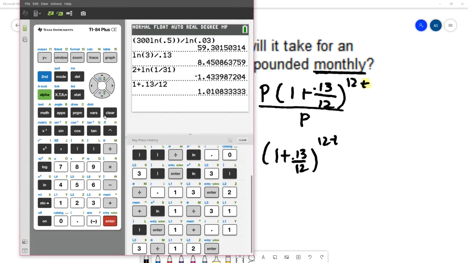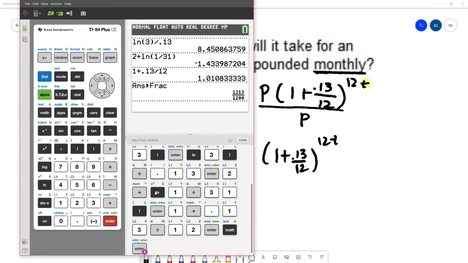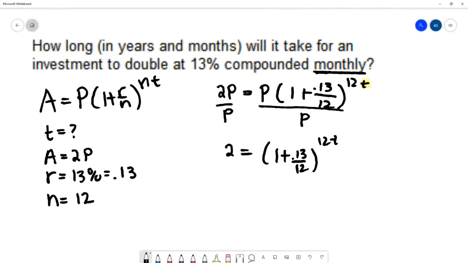So I'd much rather keep this in a fraction form if I could. Let's see if we can get a nice fraction out of this. Math, convert to fraction. It's not a very nice fraction either, but at least with this fraction you don't have rounding. So let's use that fraction, 1213 over 1200.